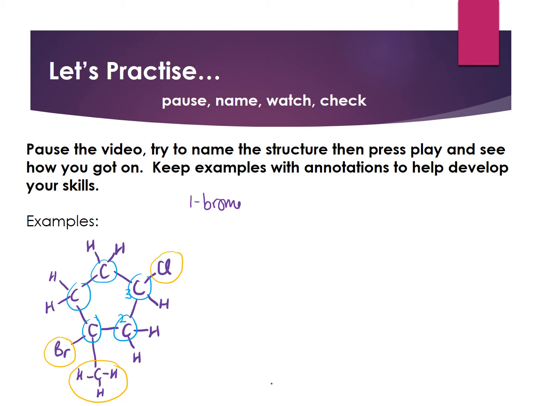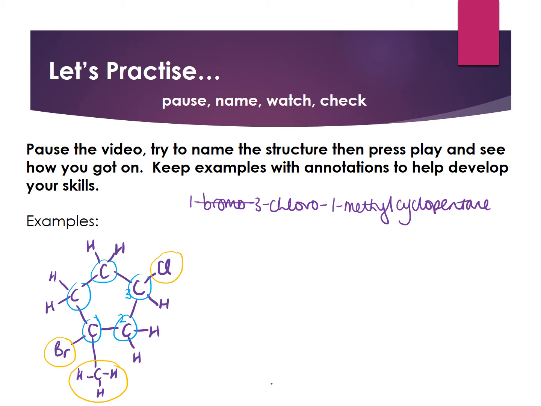1-bromo-3-chloro-1-methylcyclopentane. The reason for that being 1-bromo, Br before the Cl, 3-chloro, 1-methylcyclopentane.